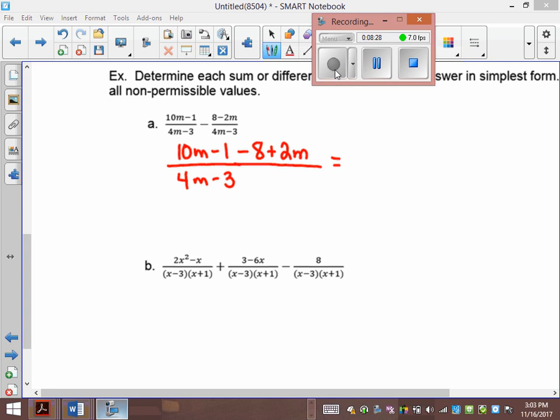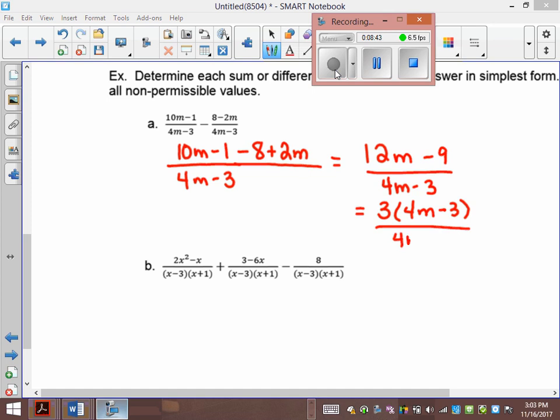So you'd get 10m plus 2m is 12m minus 9 over 4m minus 3. Take out a 3 and you're left with 4m minus 3 over 4m minus 3. And before you cancel those off, let's say 4m minus 3 cannot equal 0. 4m cannot equal 3. m cannot equal 3 over 4.